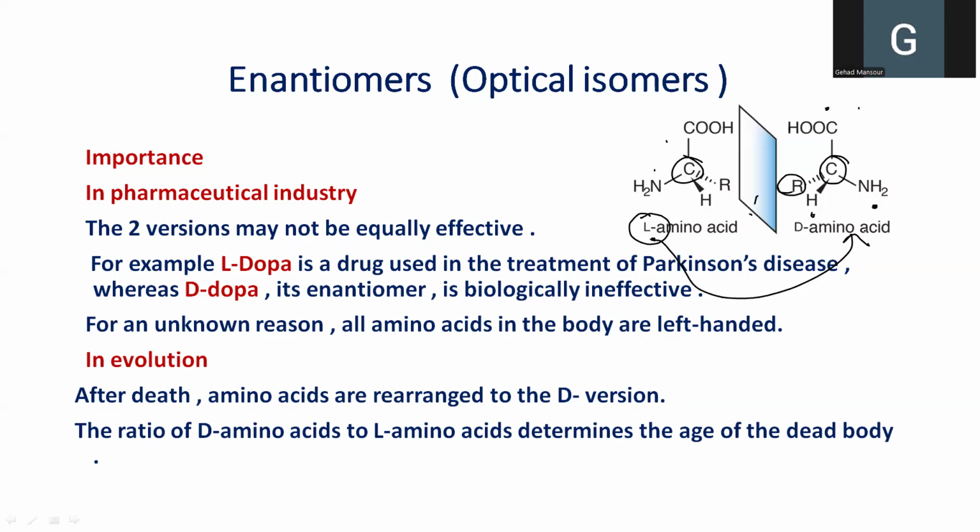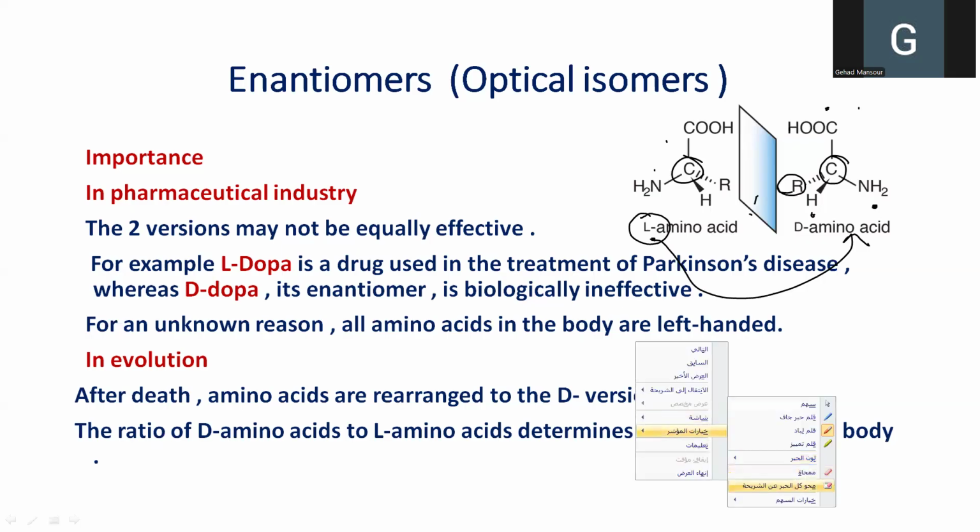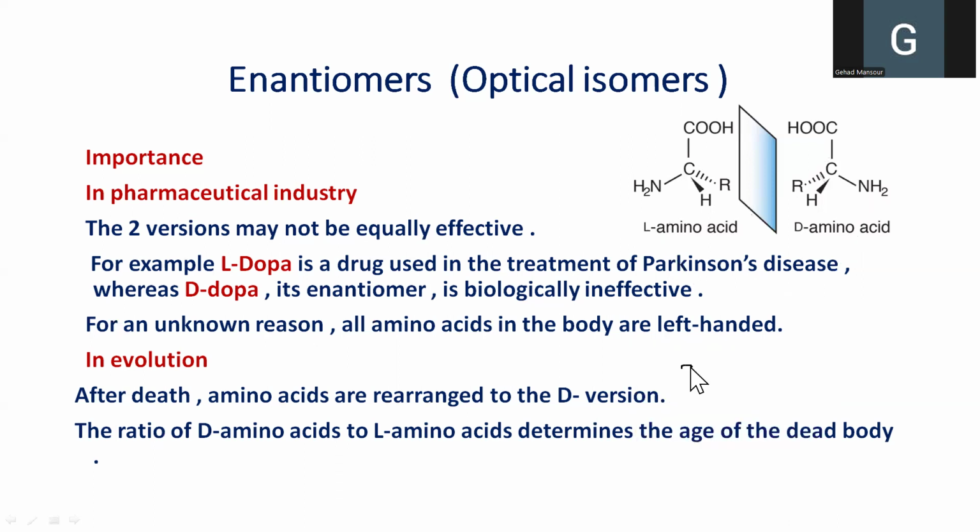Last thing to be done on that video is to compare between the isotopes and the isomers. And for this, we are going to open a new white screen to see the difference between isotopes and isomers because you frequently mix them up.